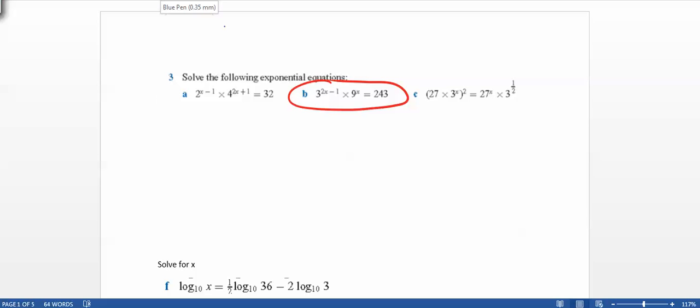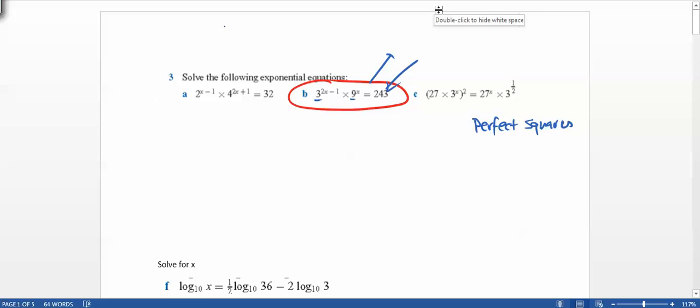First of all, whenever you're looking at something like this, you need to know your perfect squares, and your perfect cubes, and so on. And you usually get a hint from the question. If I've got a 3 here and a 9 here, it's probably fair to say that we want to express this 9 as 3 to the power of something, and you would do the same over here.